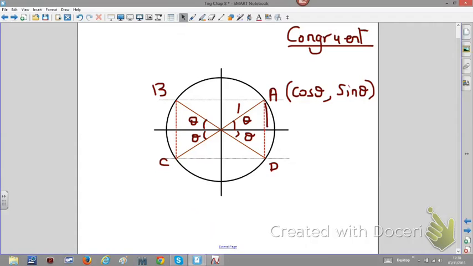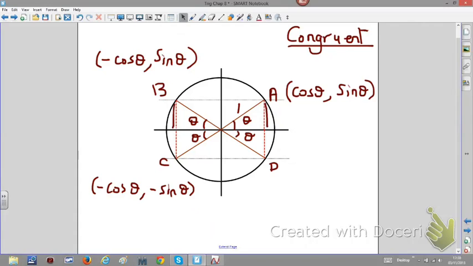For B, as the x-coordinate is negative, we've got negative cos theta, and the y value is positive, so that's sine theta. All these lengths are exactly the same because the triangles are congruent. For C, the x and the y are negative, so that's minus cos theta, minus sine theta. And for D, the x-coordinate this time is positive, so cos theta, and the y value is negative, so that would be minus sine theta.